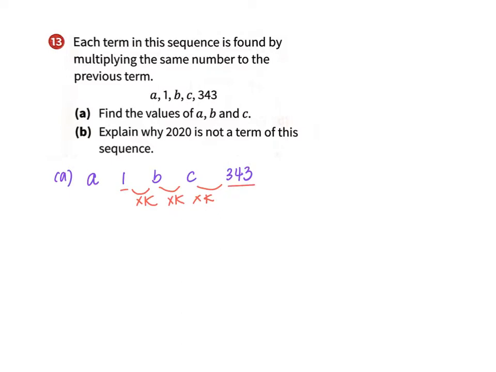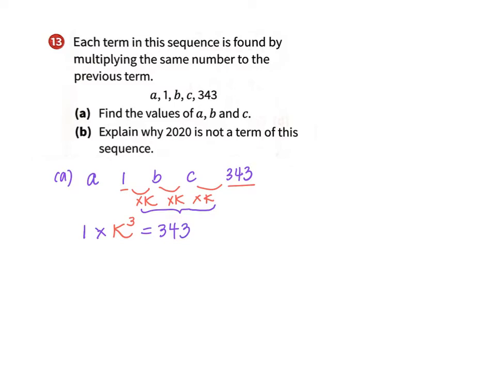What does this tell me? This tells me 1 times K times K times K, which is actually K to the power of 3, will give you the number 343.